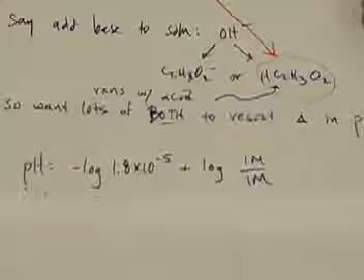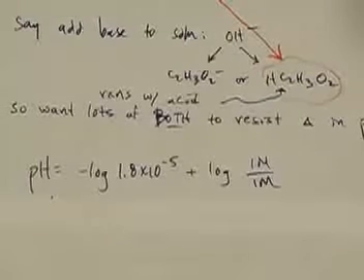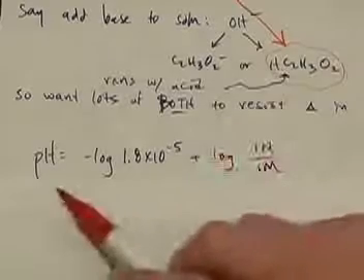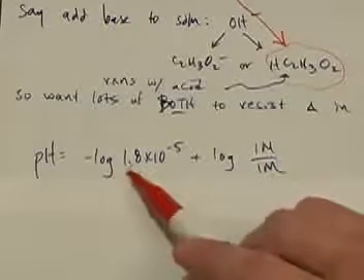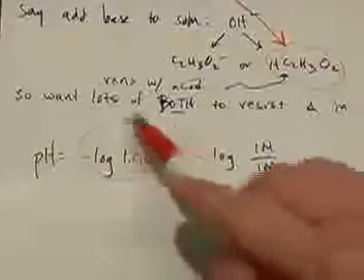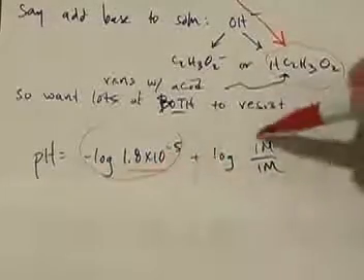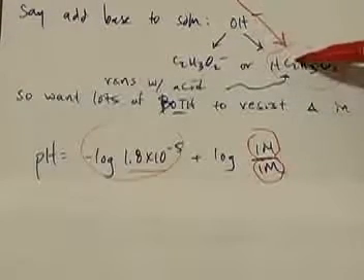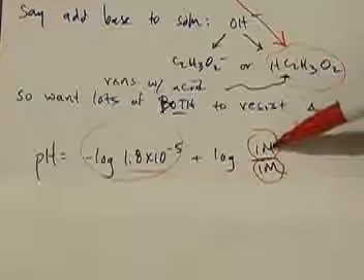So let's just choose an amount and make it equal. If I put this into the Henderson-Hasselbalch equation, the pH would then be equal to the negative log of the Ka, because that's my pKa, plus the log of, I'm just going to choose something, 1 molar and 1 molar in both the base and the acid, because then I'll have a lot of both.